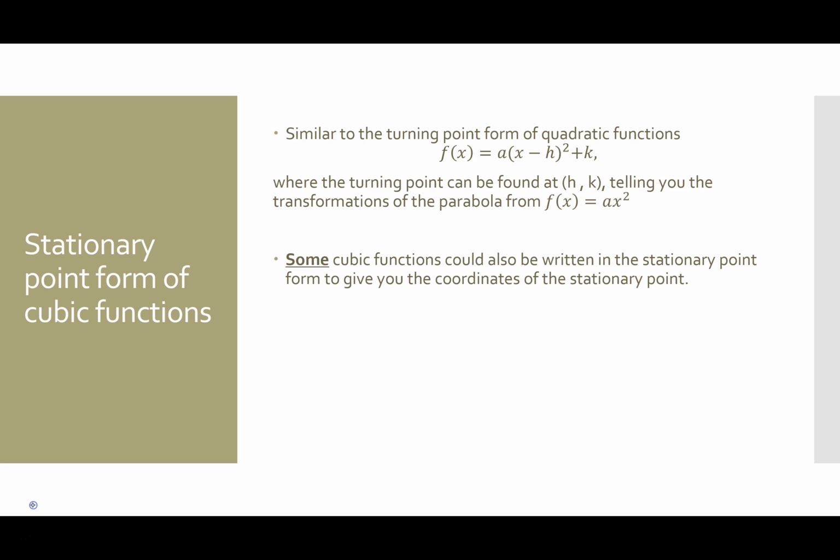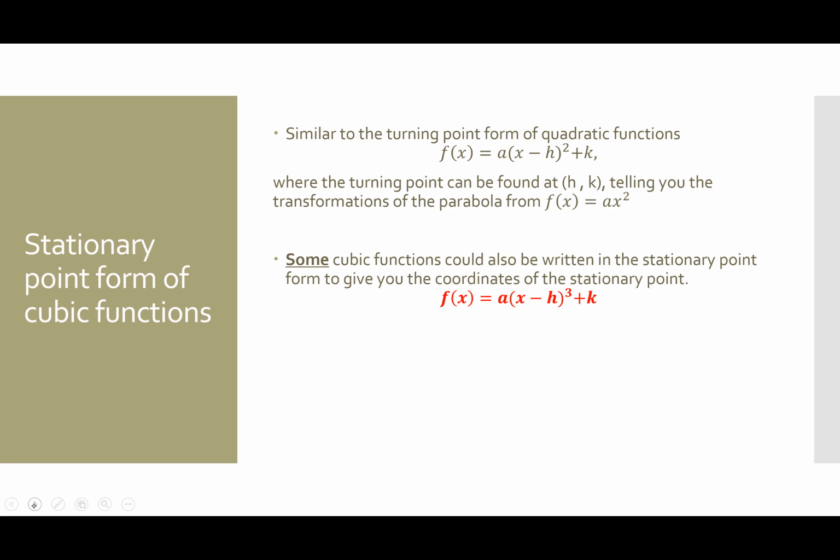Here, we're going to focus on the translation of the graph. Some cubic functions can also be written in the stationary point form, and I'll give you the coordinates of the stationary point. Not all cubic functions will give you that, only some of them.